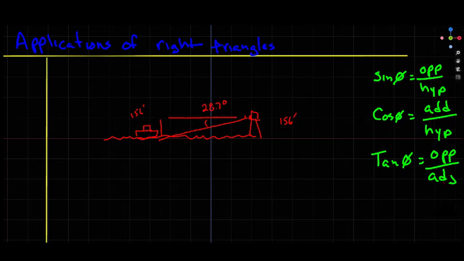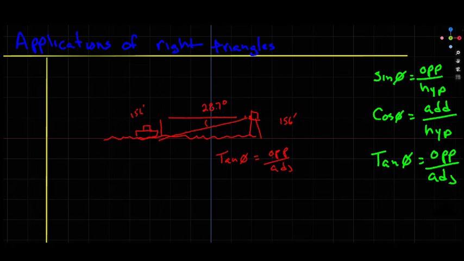We have to manipulate around a little bit to come up with the adjacent side. So let's do that. If we say the tangent of theta equals opposite over adjacent, and we are trying to find the adjacent side, the side that is part of that angle there, we need to get the adjacent on a side by itself.